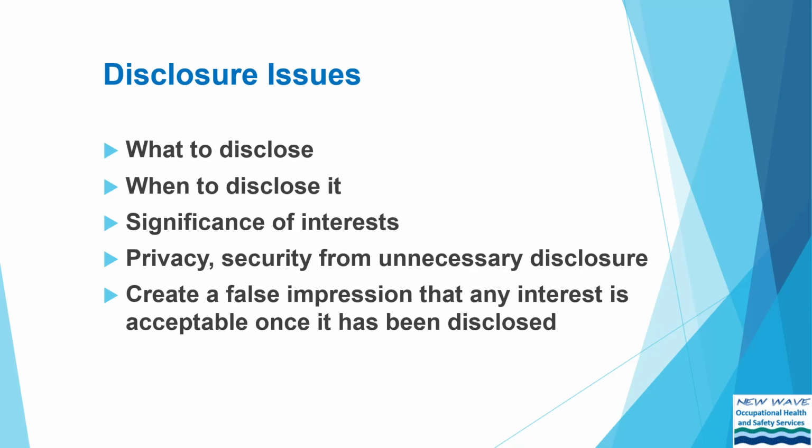As we've seen, there are some basic issues in disclosure, including what to disclose, when to disclose it, what is a significant interest, how to balance full disclosure with privacy, how to avoid the impression that any interest is acceptable once it has been disclosed.